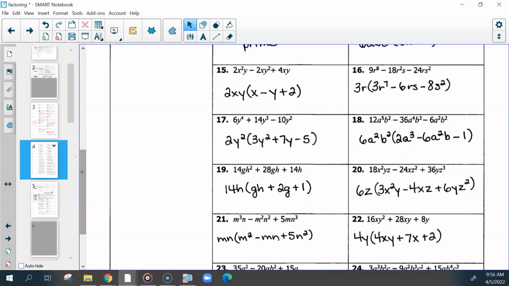And 20 was, on the inside, 3x squared y minus 4xz plus 6yz squared. Questions on those 4?